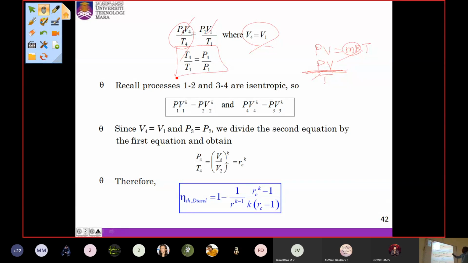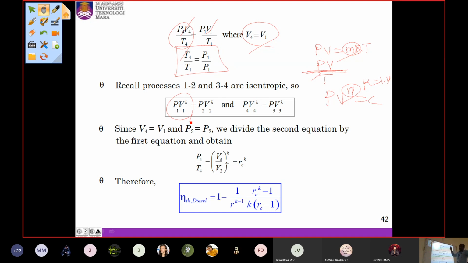Also you know the isentropic process. For an isentropic process, PV power n is equal to constant, that you know. Here n is k, that is 1.4 for ideal gas. So we can write P1 V1 power k equal to P2 V2 power k equal to P3 V3 power k, like that.